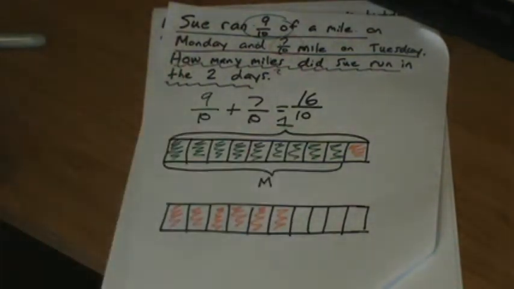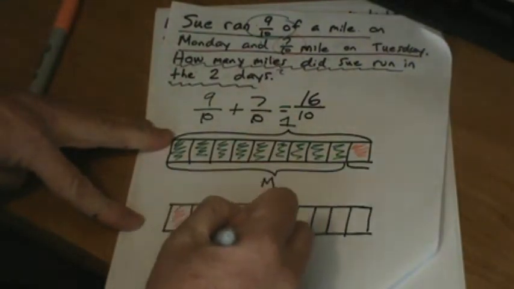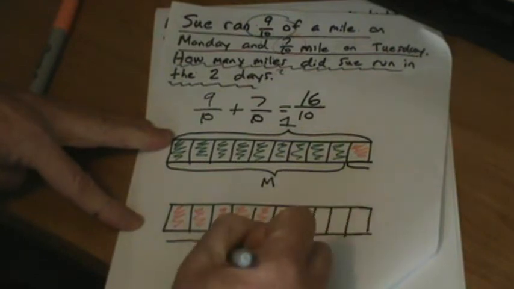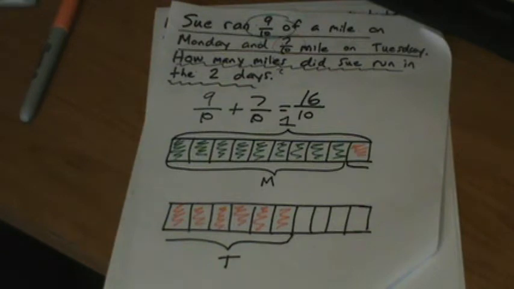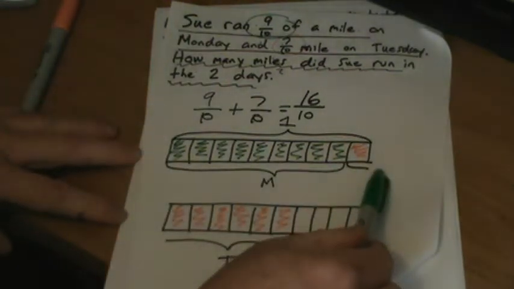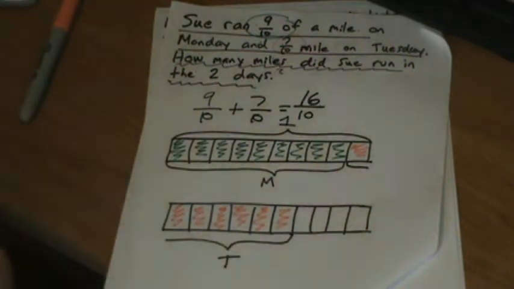So here's the 9/10. And then we added on the 7/10. I'll just kind of make this bracket go like this to show Tuesday. So we have Monday and Tuesday. So let's add them up and see what we have. We have 1 whole mile, and then we have 1, 2, 3, 4, 5, 6/10.